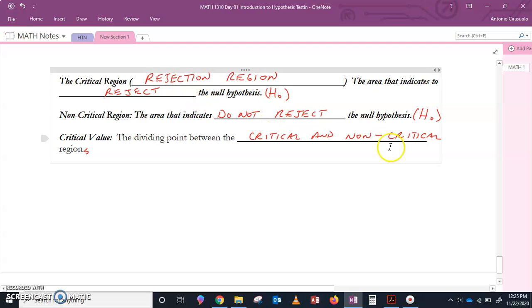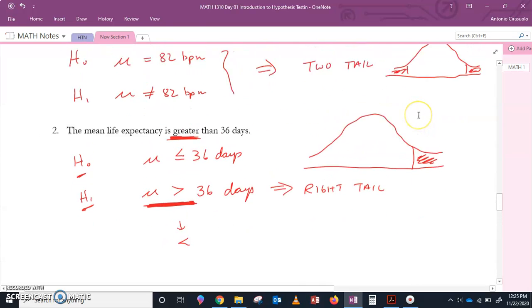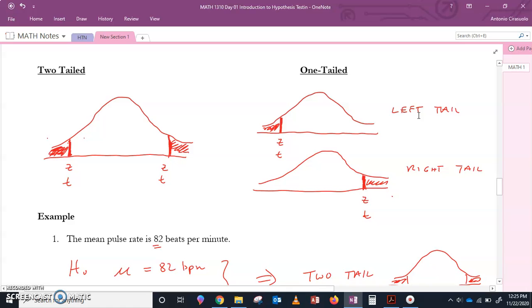Now, when we look at our pictures up here, we have our different scenarios. This is a rejection region. If our test score falls in this area, we reject, as well as here. And in this area here, we do not reject H0. So do not reject in this area, but you reject in the tail.